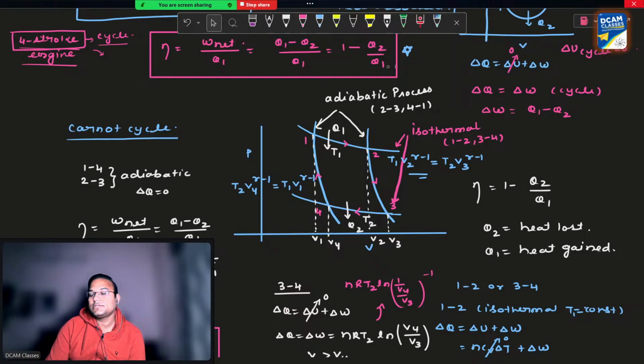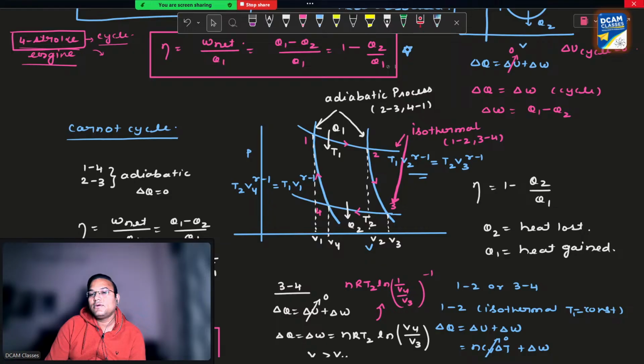It's an isothermal process. So in an isothermal process, the internal energy change would be zero, hence the work done will be the heat produced or absorbed. That's correct. But from that also, how will you find out that delta Q is positive? During expansion, work done is usually positive.